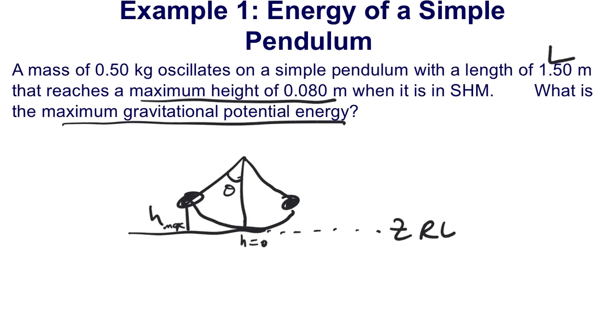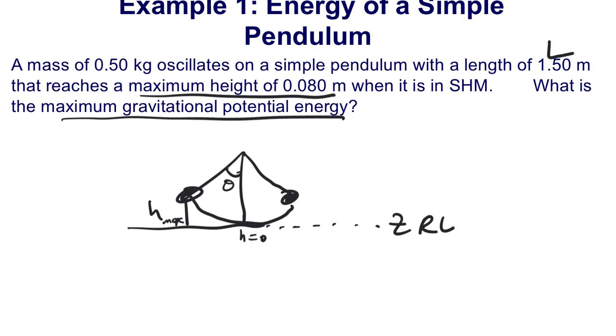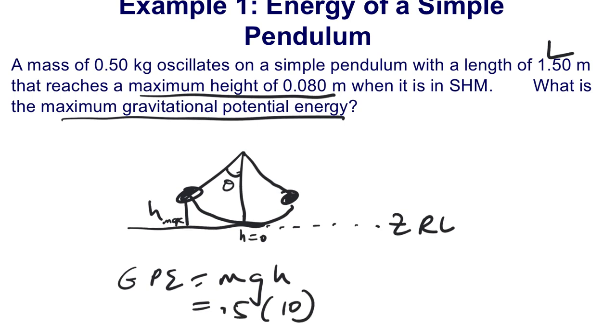So what's the maximum GPE? I don't even have to. GPE is mgh, so that'd be 0.5 times 10 times 0.08.